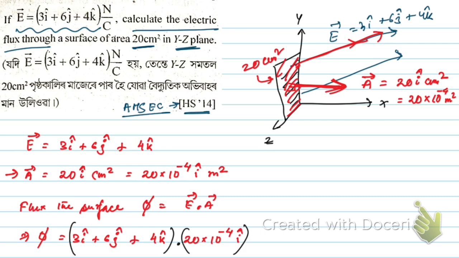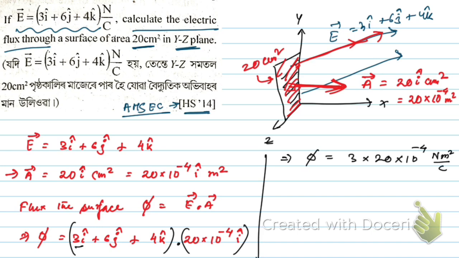So 3I cap dotted with 20 into 10 to the power minus 4 I cap gives 3 into 20 into 10 to the power minus 4, and we know that I dot J and I dot K become 0. So flux phi is equal to 3 into 20 into 10 to the power minus 4 Newton meter square per coulomb, right?